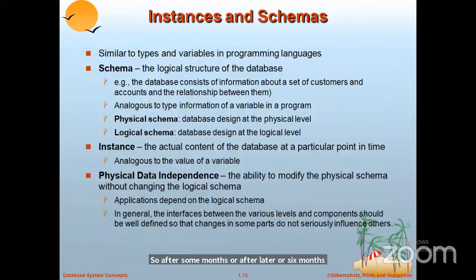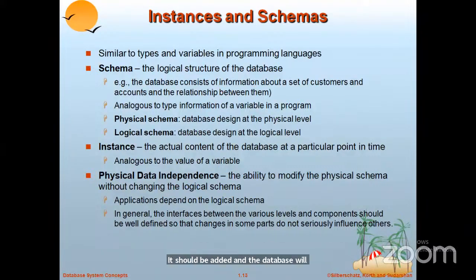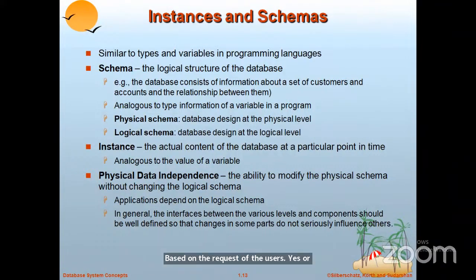The database administrator will add the new student data, so the database will be frequently changing based on the requests of the users. Instance is nothing but information stored at a particular moment. Schema is nothing but a logical structure of a database. Again, schema is of two types: physical schema and logical schema. Is it clear? Yes or no?